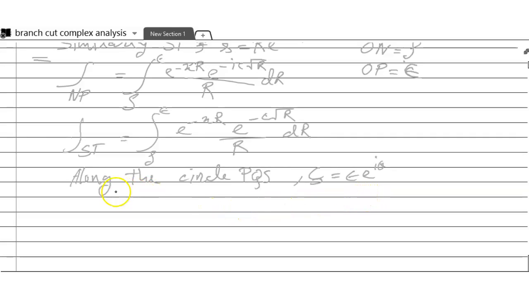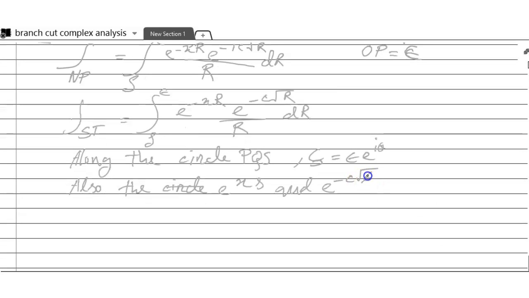Also on the circle, e to the power xs and e to the power minus c root over s are both approximately 1, since epsilon is small.